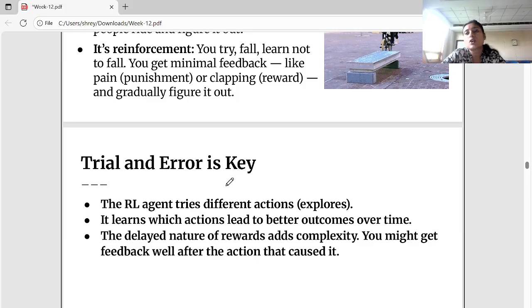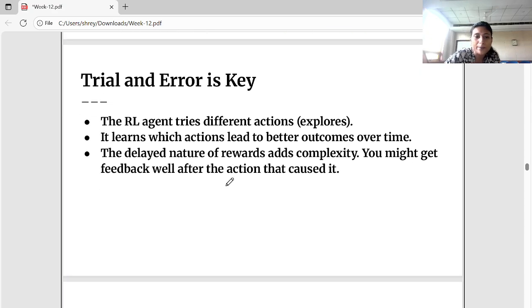So this adds complexity. You might get feedback well after the action that caused it. Maybe you get the feedback right away. Maybe that medicine is so harsh that after taking one dose, you are not feeling well, right? So sometimes you get the feedback quickly. Sometimes it can be delayed for some time, okay?